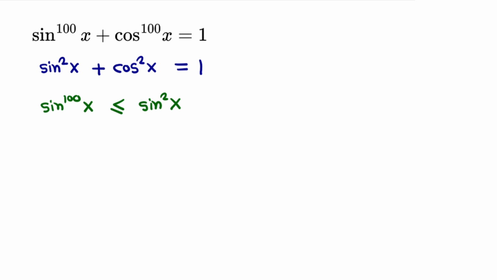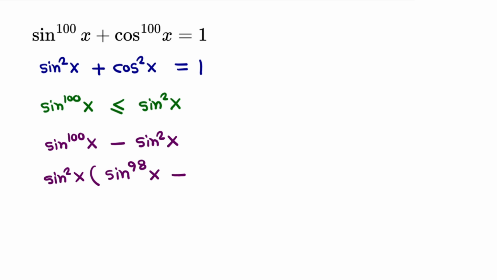Consider the difference between the two expressions. Sine of x raised to the 100th power minus sine squared of x. Factor out sine squared of x. That gives us sine squared of x multiplied by the quantity sine of x raised to the 98th power minus 1.